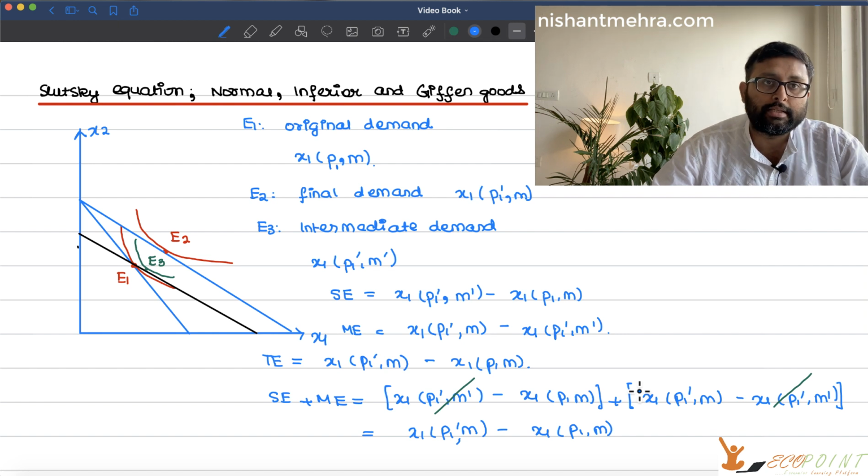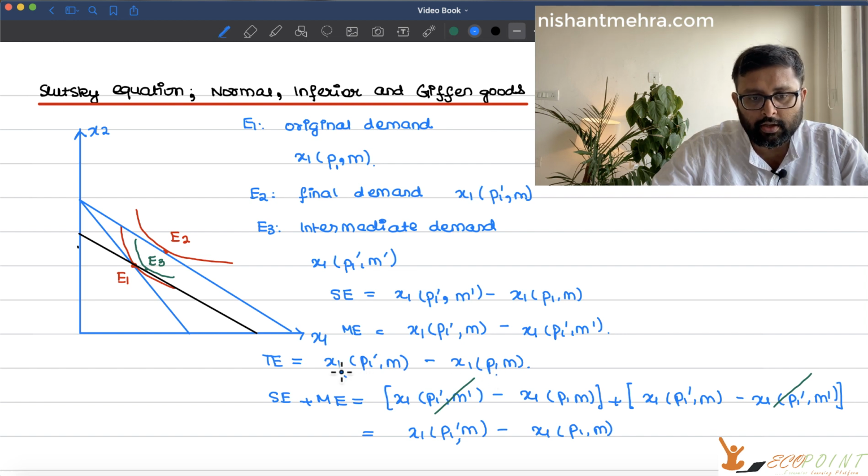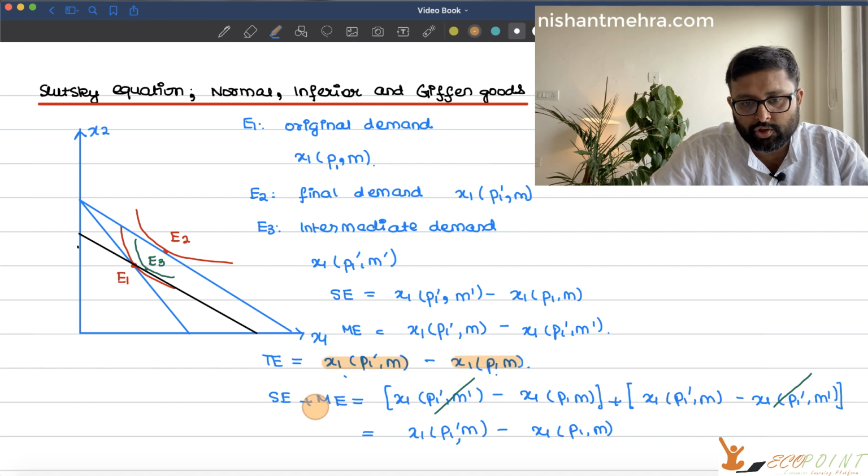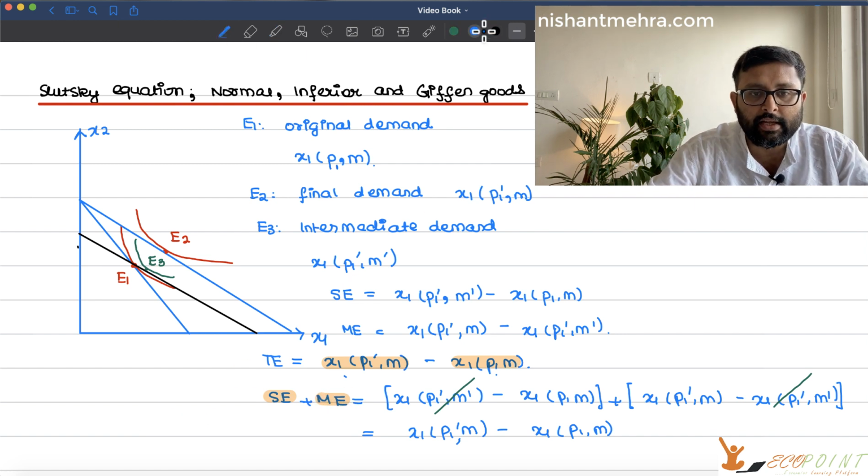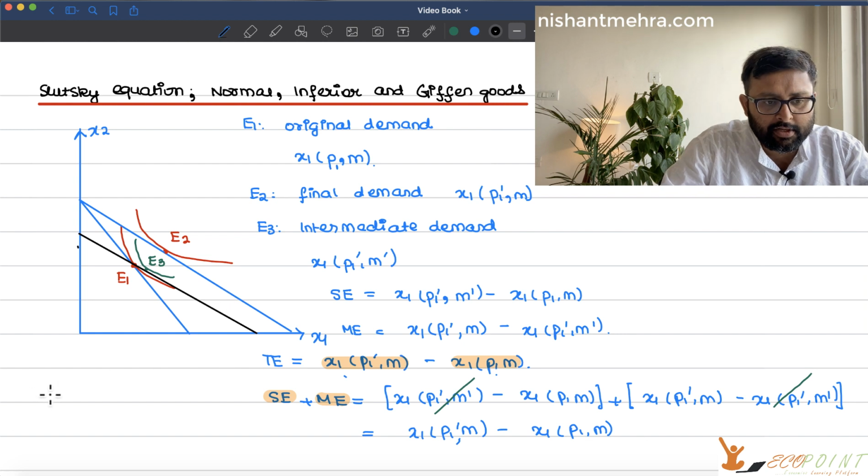That is what is called the Slutsky identity.